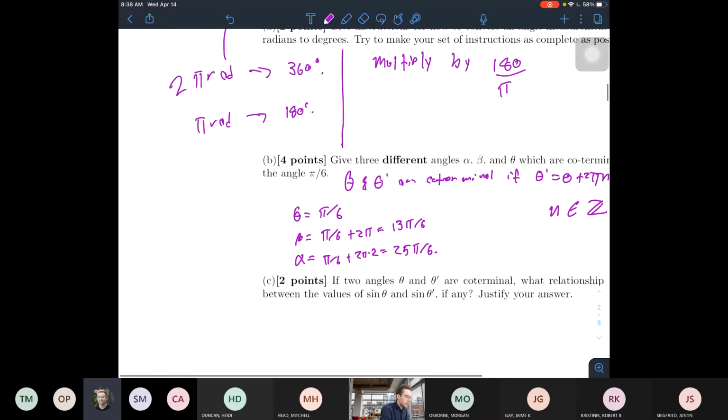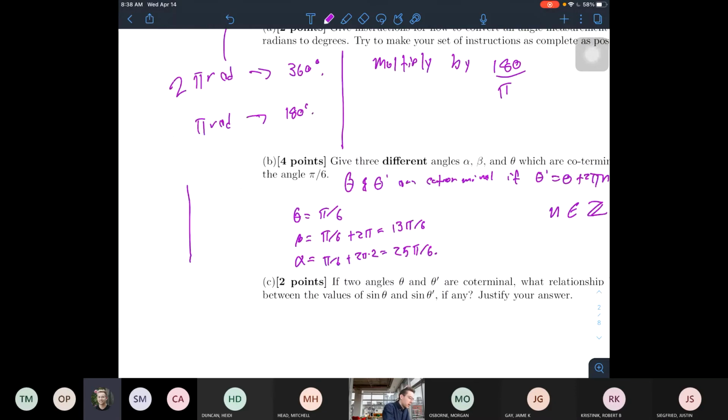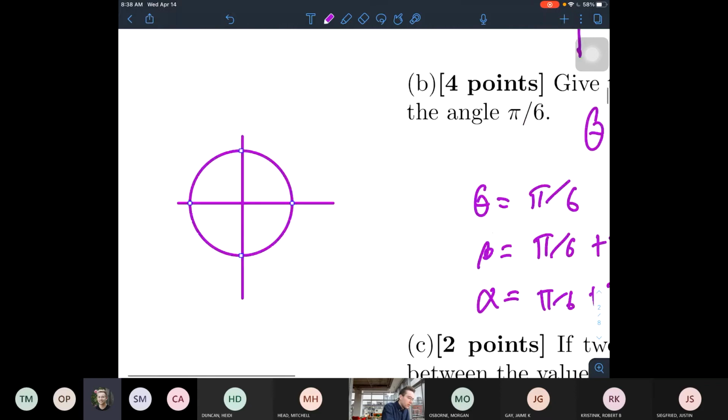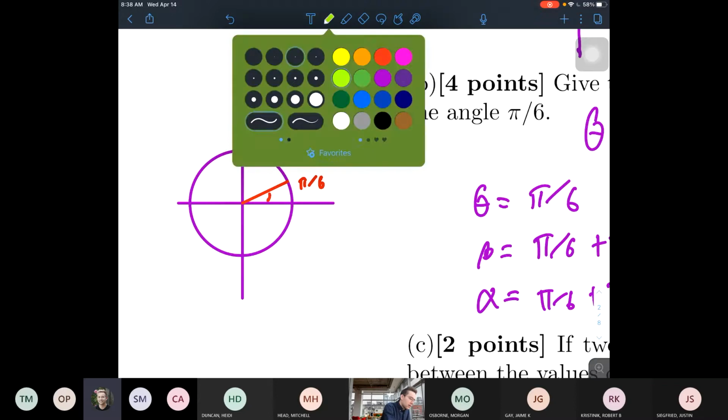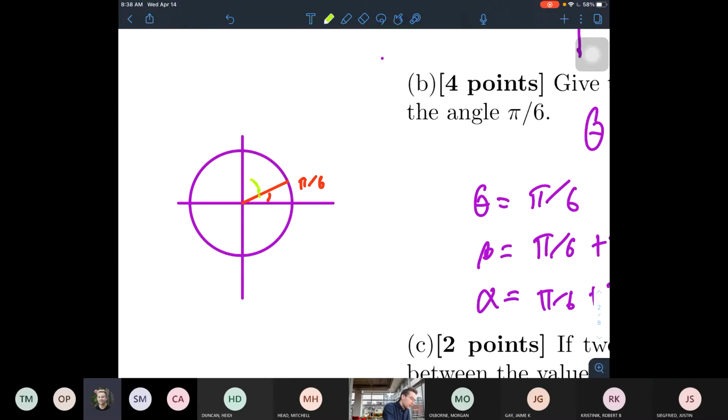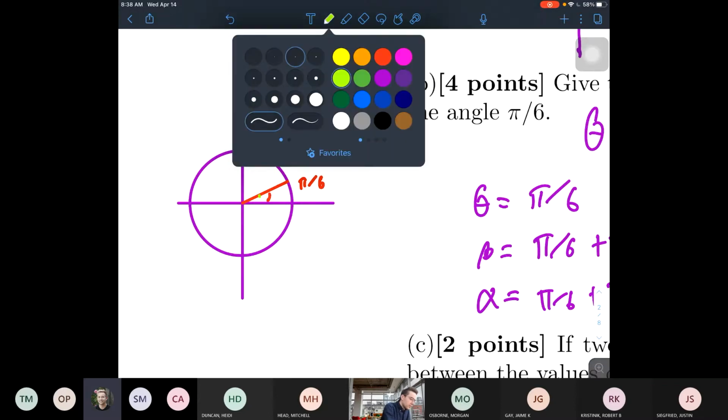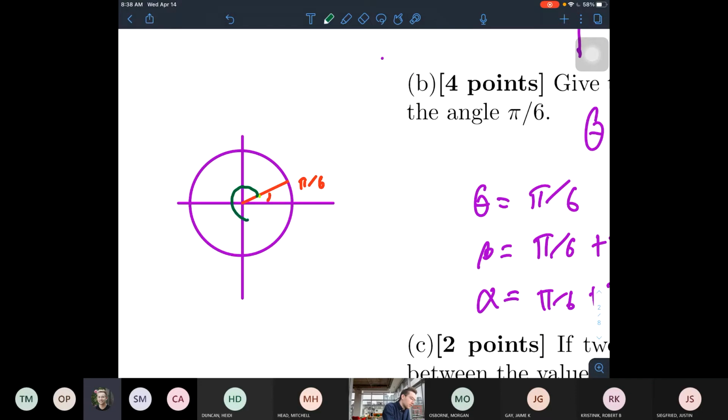Okay, so what does this look like on the unit circle? On the unit circle, we're talking about angles which are coterminal. So our initial angle here is pi over 6, right? So it looks something like this. So this is pi over 6. And our next one looks like go all the way around and then some.